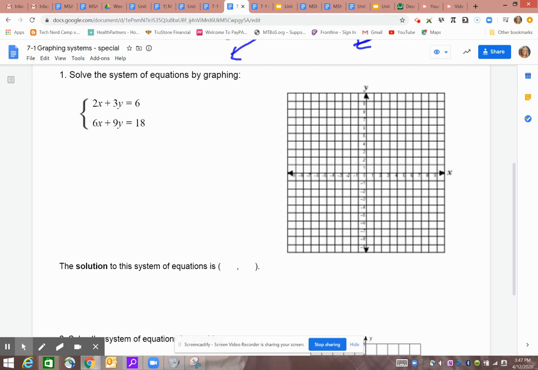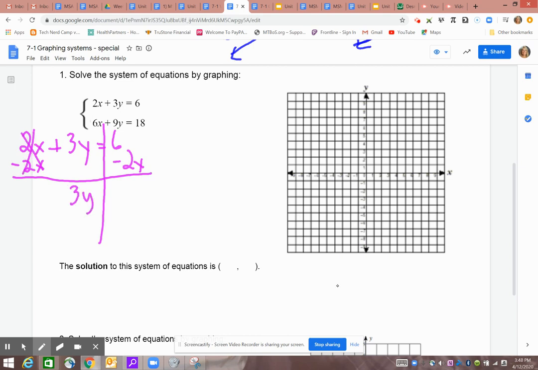So I'm going to start with the first equation here on the left. I'm going to use purple. So I've got 2x plus 3y, which equals 6. So in order to get our y alone, we've got to do a little bit of work. I'm going to subtract 2x on the left, subtract 2x on the right. My 2x's cancel.